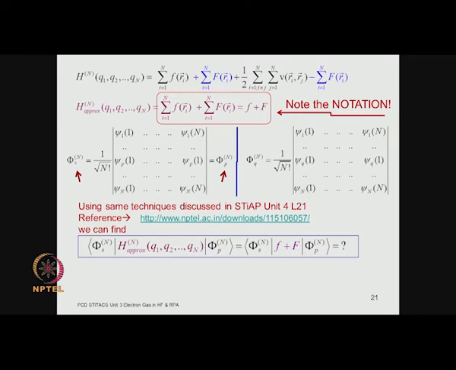Now, using techniques which we have discussed quite extensively in the previous course, which again I will not discuss at all, I will refer to the discussion in the 21st lecture of unit 4 in this course. Using these techniques, you can then show that this approximate n electron Hamiltonian, you now have the first term, the second term, the third term and the fourth term.